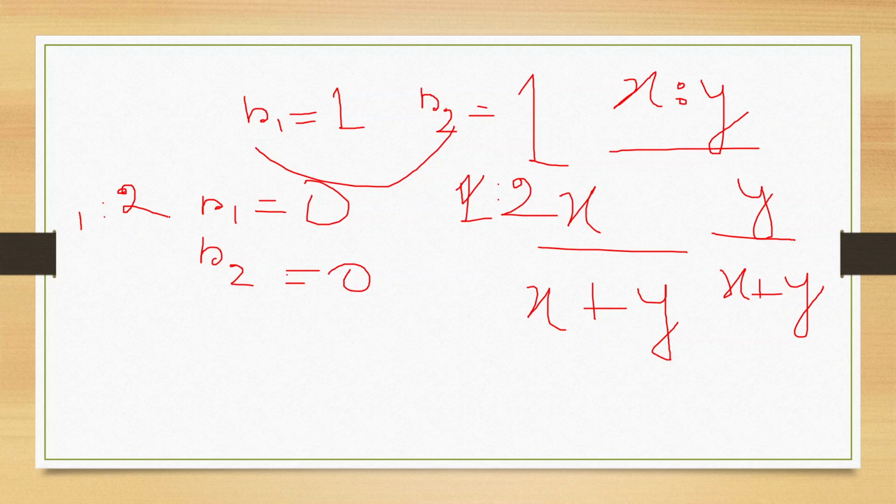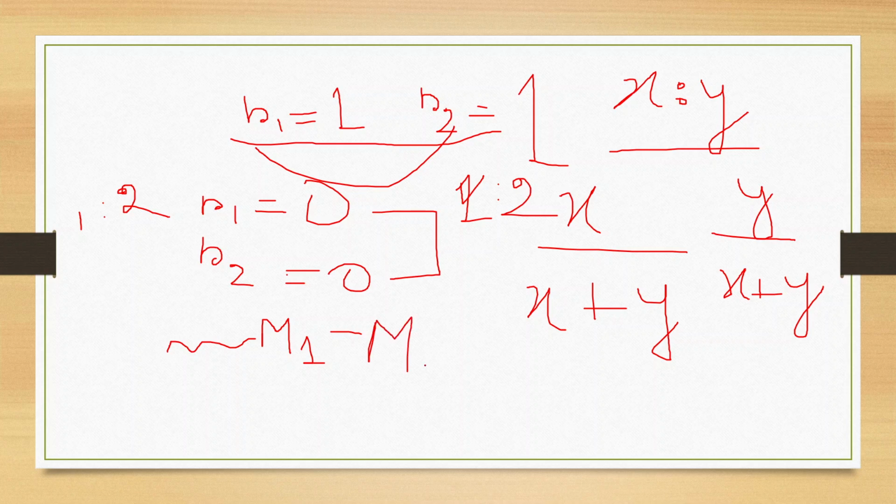First of all, we have to see that R1 and R2 equal to 1 is the ideal condition where you get exactly what you put in the feed ratio. But in the case of R1 0 and R2 0, this is not an ideal condition. So first you have to consider what kind of polymer it will form. R1 equals 0 means M1 will not react with itself, rather it will react with M2, because it does not want to react with a monomer like itself.